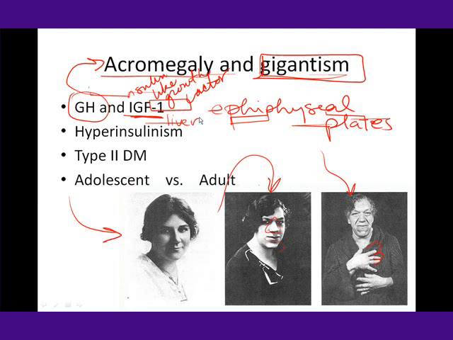It inhibits peripheral glucose uptake in tissues. And so as a result, we start to get a climb in blood sugar levels. You get hyperglycemia. Now, when a person has long-standing hyperglycemia, that ultimately can cause hyperinsulinism.